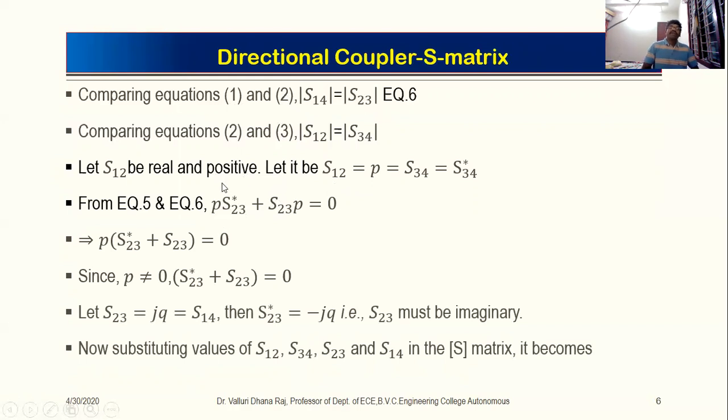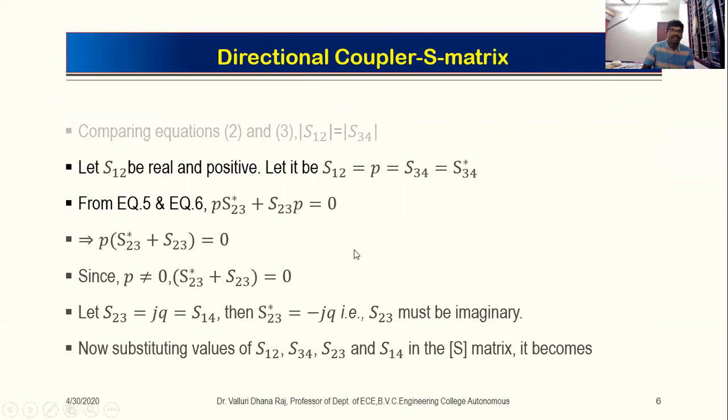By solving, there is a requirement for assuming S23 as imaginary, which is made equivalent to JQ. Then substituting these values, the scattering matrix will become like this.